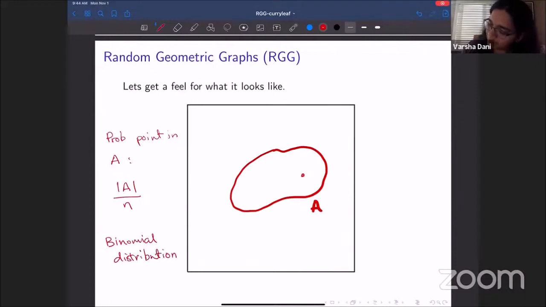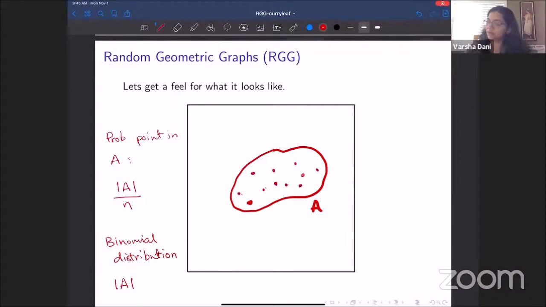And its mean is the area of A. In other words, on average, you expect to get area of A many vertices in here, but the actual number could be something off from that by a few standard deviations, or if you want to look at very low probability events, it could even be off by more, but that doesn't happen very often.